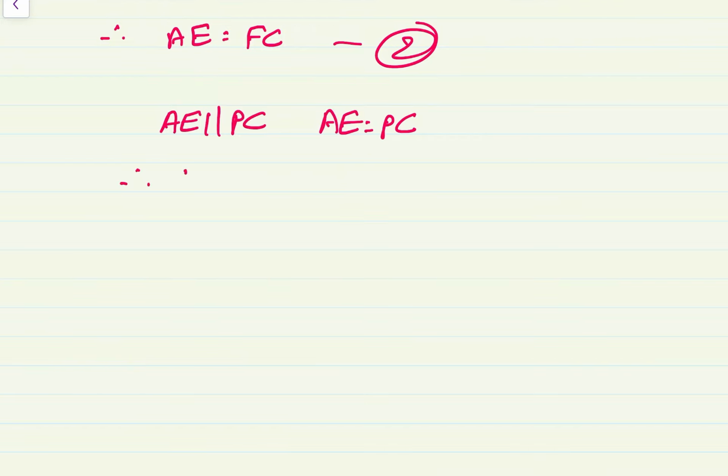Therefore, quadrilateral AECF is a parallelogram.